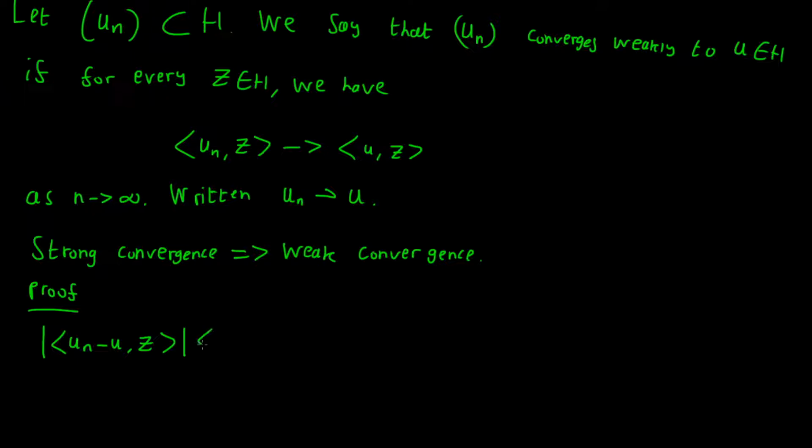This thing is less than or equal to the norm of u_n minus u, times the norm of z. And if u_n tends to u strongly, then this thing goes to 0. So this thing goes to 0, hence u_n tends weakly to u.